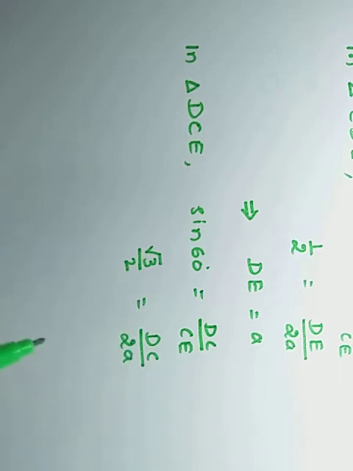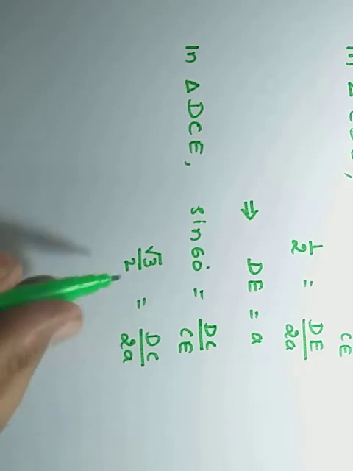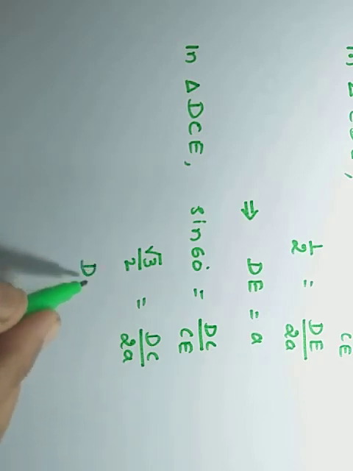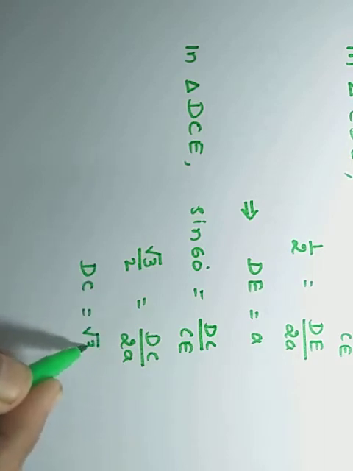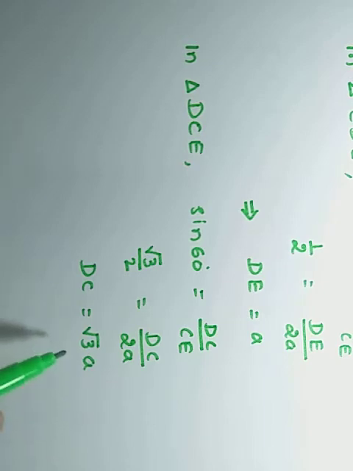This 2 and 2 cancelled, so we want DC is equal to root 3a. The value of DC has come root 3a.